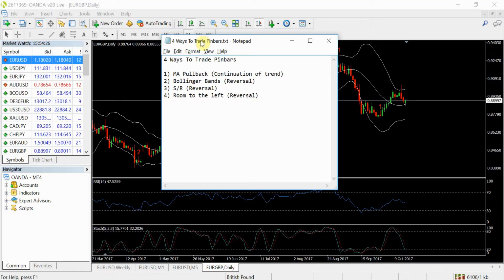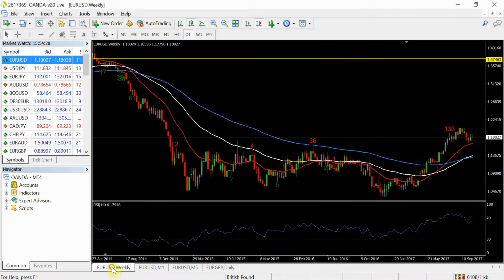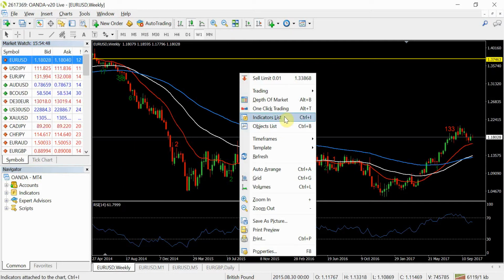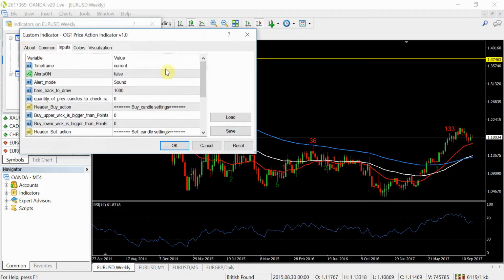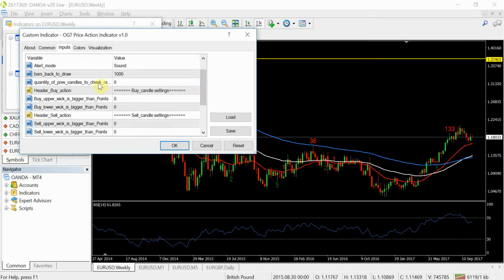I'm going to show you an example of that. The chart you're seeing now is a weekly Euro USD. For those who aren't familiar with the indicator, I've got videos which I'll link to that go into what the indicator is showing, but just to show you the settings for this example: I've put 0 for the range of the pin bar check to go back.